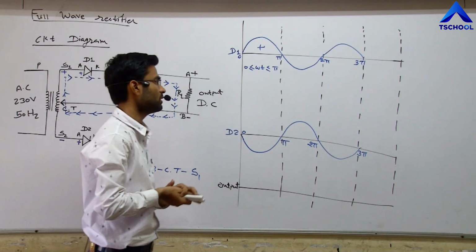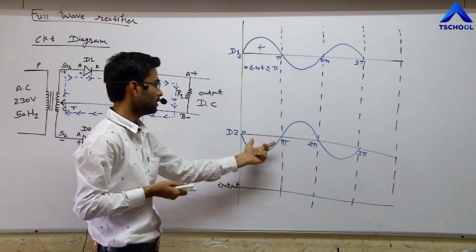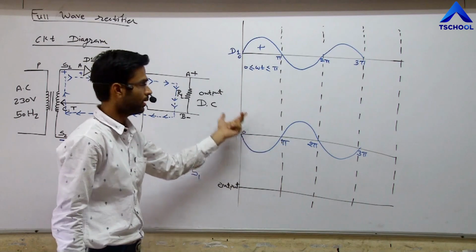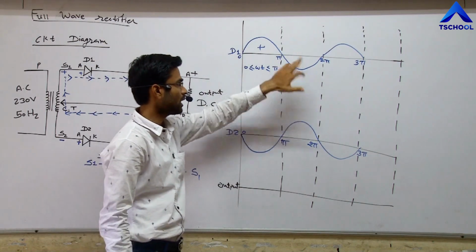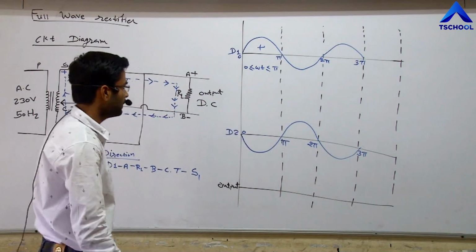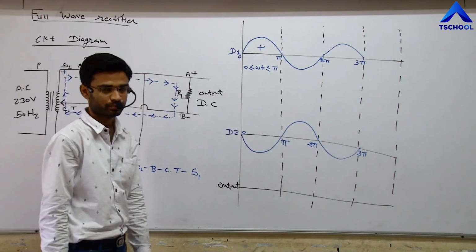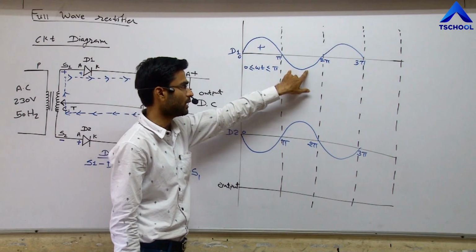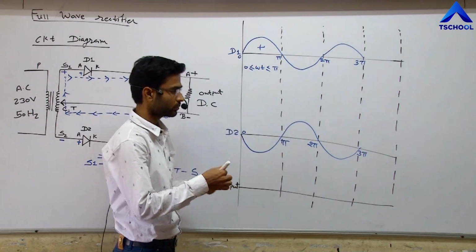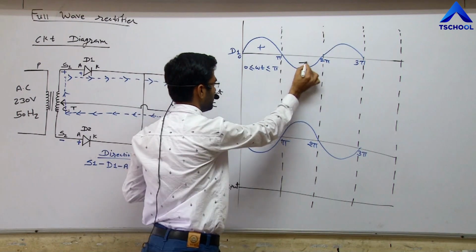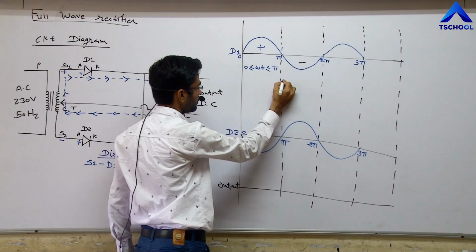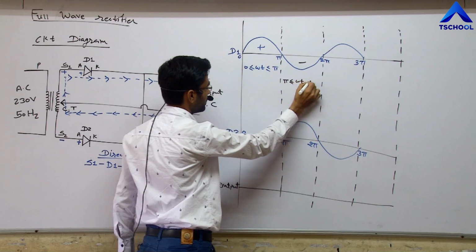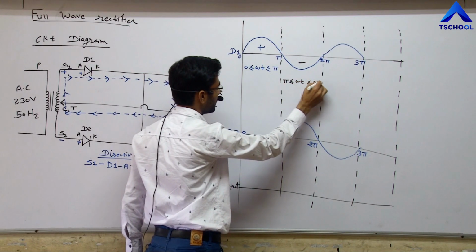During the first positive half cycle of D1 there is a negative half cycle of D2. Now, during the second half cycle, the input of diode D1 is negative, in the time interval pi less than or equal to omega t less than or equal to 2 pi.